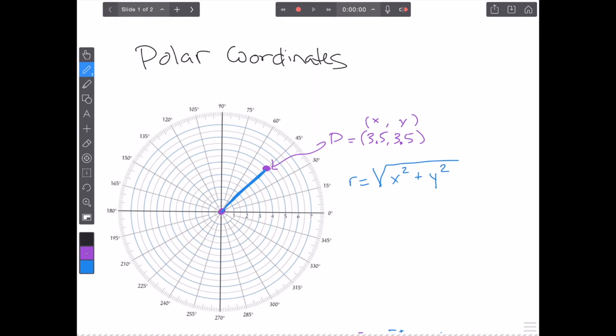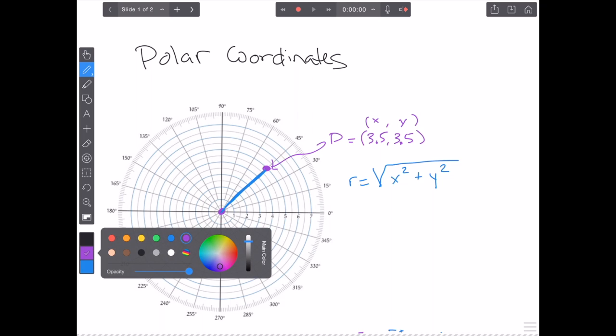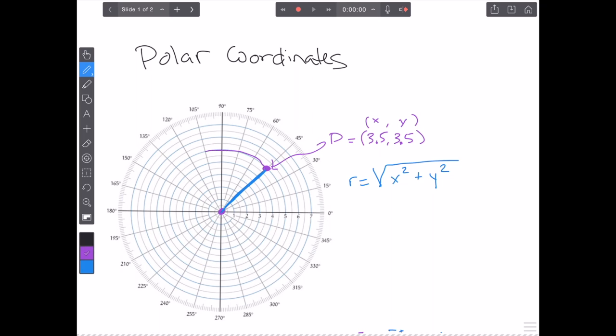And then in addition to having a radius, notice that the entire circle that P lies on has the same R value as P. And so we want to distinguish a particular value for P. So we want to know what is the angle, what is this angle in the plane?